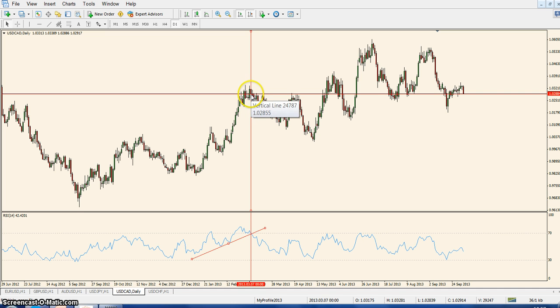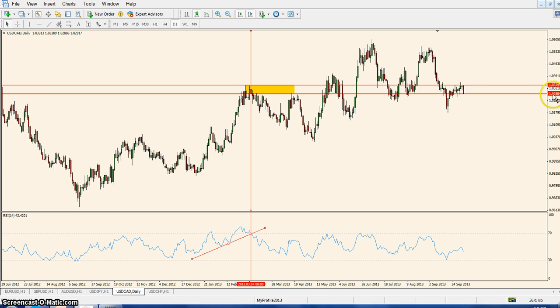Okay, so I'm taking a trade in the opposite direction of this trend, so this is rising, so I'm going short at this point, and my stop loss will be just above the previous swing high, which is here. Okay, so if I just shade this area, this becomes my risk.